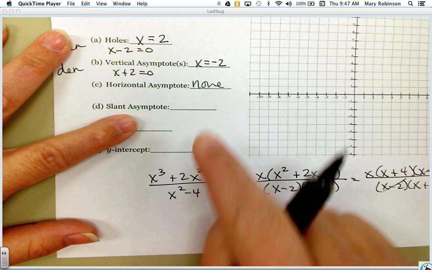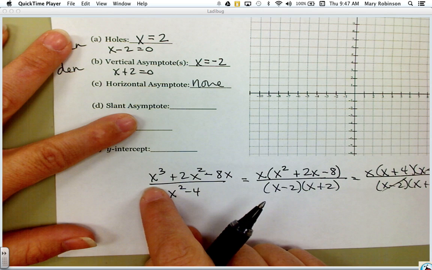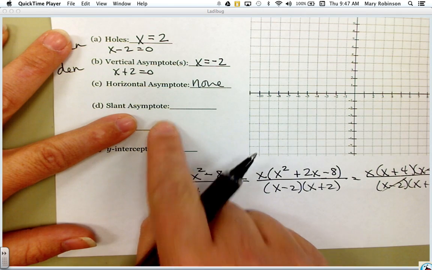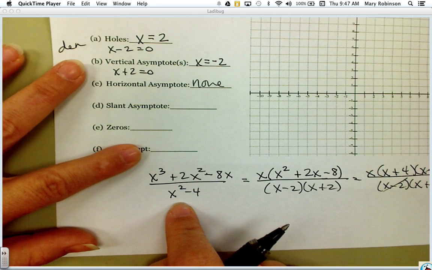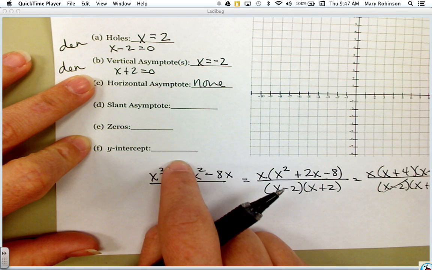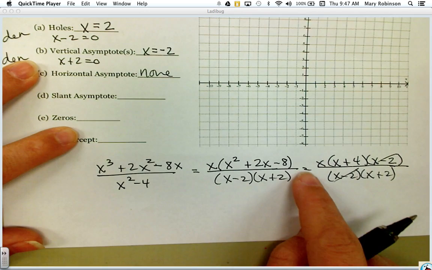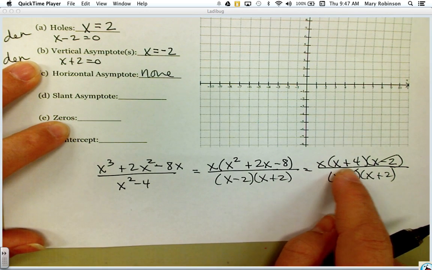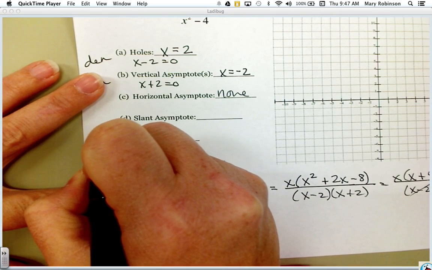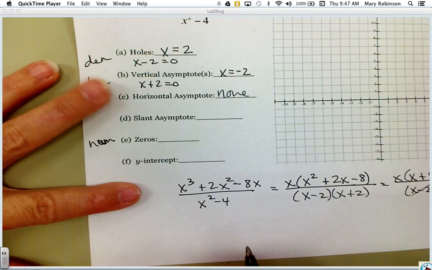But remember, the rule is if you have a degree on the top one higher than the degree on the bottom, then you are going to have a slant asymptote, which means we're going to have to do some division. But before we move on to that, I'm going to go ahead and do zeros and find the y-intercept. So remember, zeros we find by looking at our numerator for zeros.